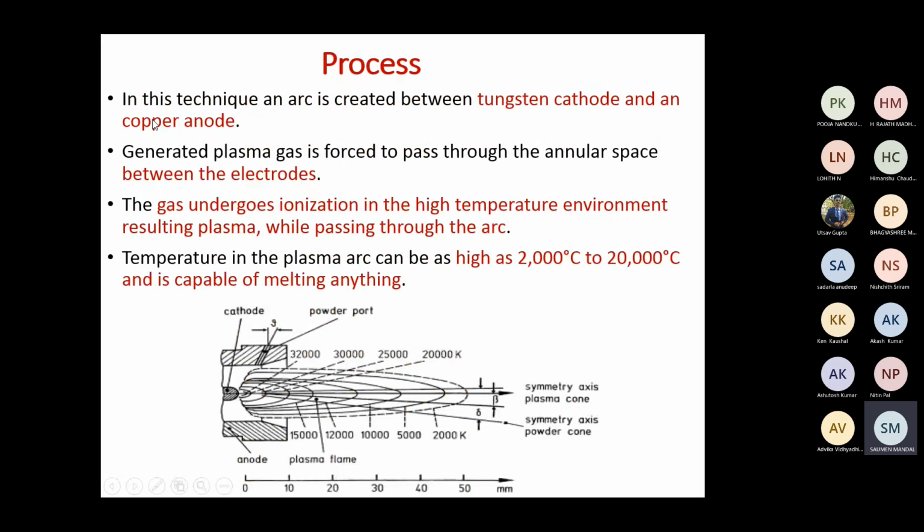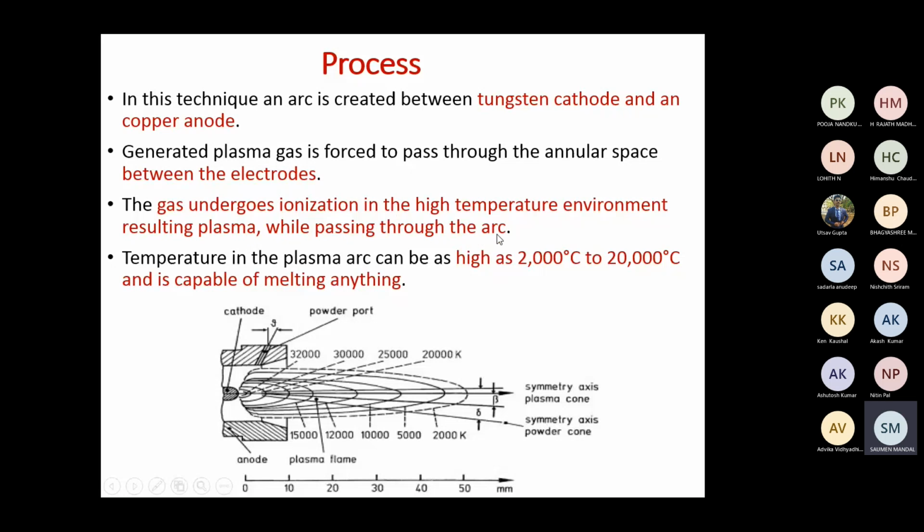Now the process in this technique: an arc is created between a tungsten cathode and a copper anode. One tungsten cathode will be there and a copper anode will be there. In between, an arc will be created, and the plasma gas is forced to pass through the annular space between the electrodes. The plasma gas, preferably argon, passes through the electrodes, and the gas undergoes ionization in the high temperature environment, resulting in plasma while passing through the arc.